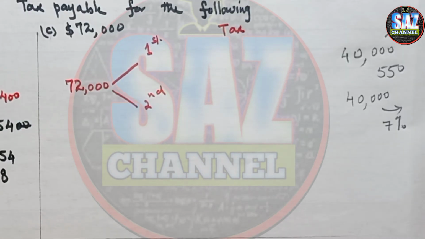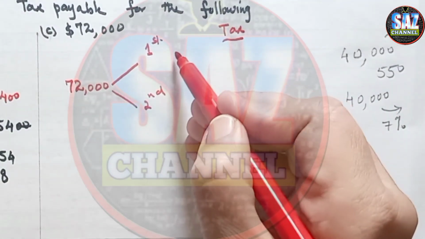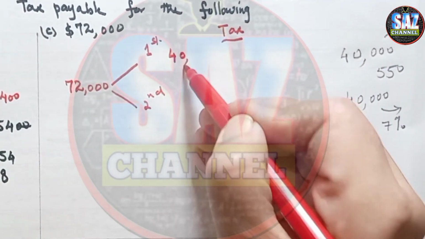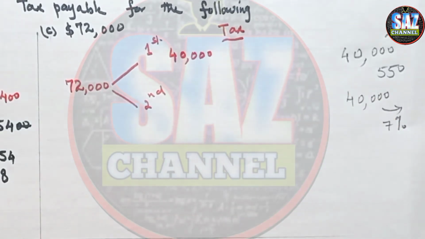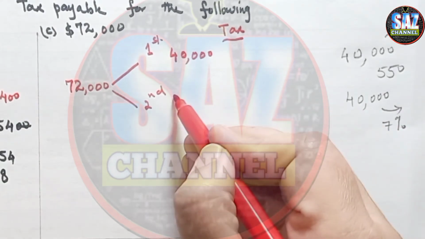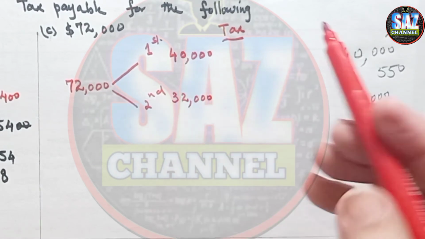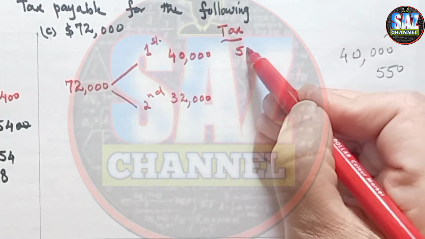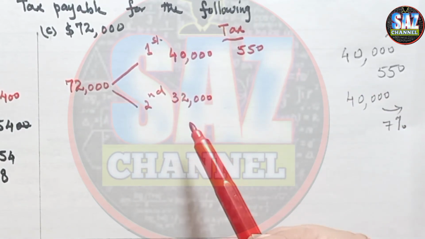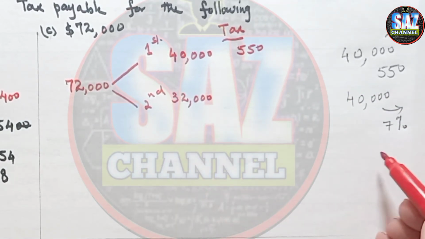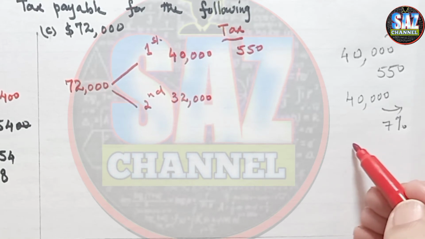First of all, I have to separate 40,000 from 72,000, and when I take away 40,000 from 72,000, I will be left with 32,000. Now on these 40,000 I have to pay $550, and on the second and remaining amount I have to pay the tax with the percentage of 7.